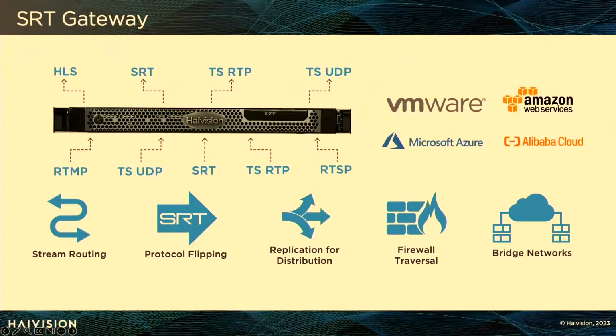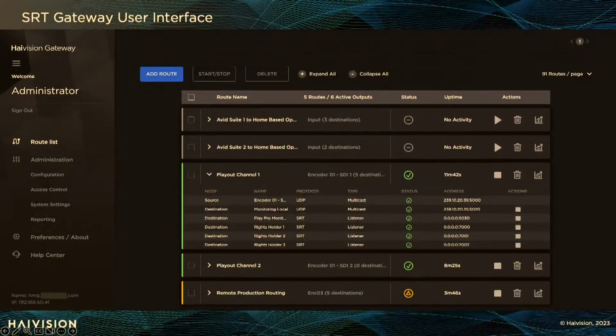It's available as a service, for example, in AWS, Azure, or Alibaba Cloud, or as a virtual machine with VMware. So here you have a small overview about the interface of that SRT Gateway. It's a web-based interface where you can manage all your video routing in a very easy way and remotely from any web browser, and you can create and monitor all your routes and video transmission.